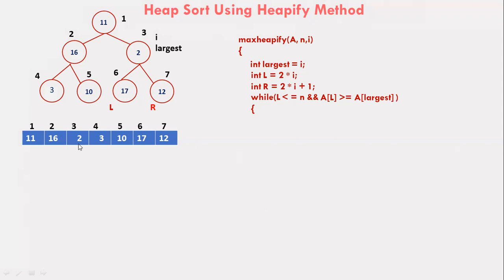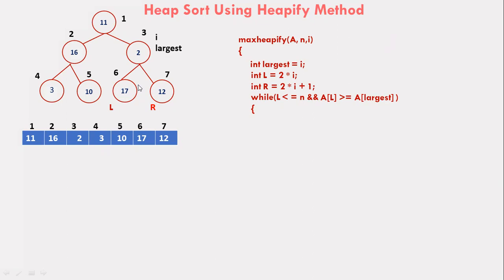So here, we are going to check if A of L is greater than or equal to A of largest. A of L, A of 6, is 17. 17 is greater than or equal to A of largest. Largest value is 3, A of 3 is 2.